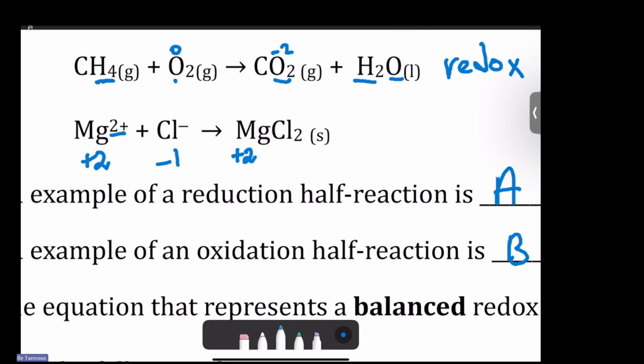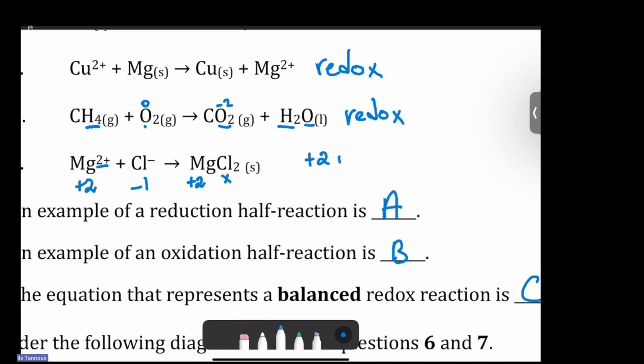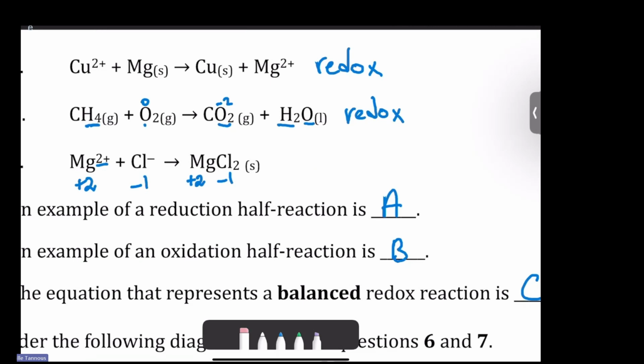Still positive 2. Now, Cl is X. So 2 plus 2X equals 0. X is negative 1. Where is the change? There's no change in the oxidation number. Not a redox. Okay? Not a redox.